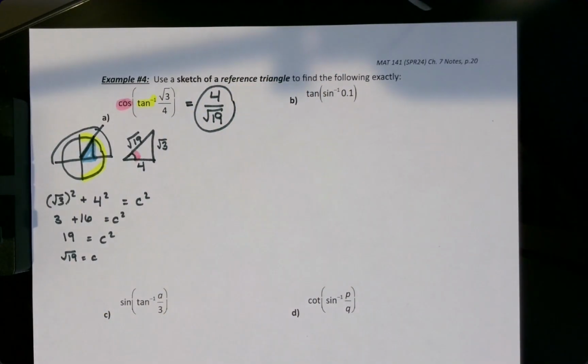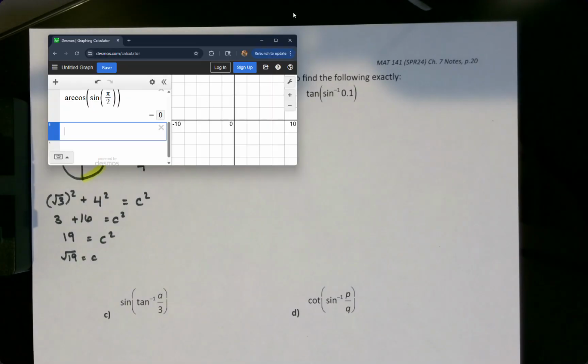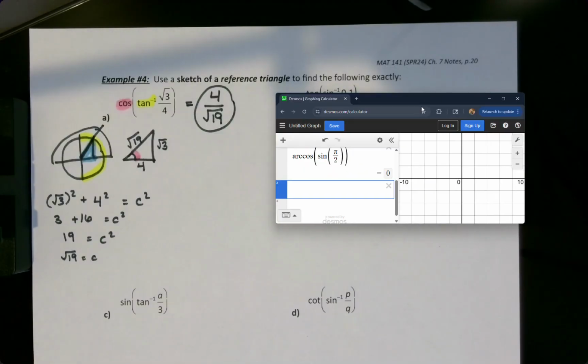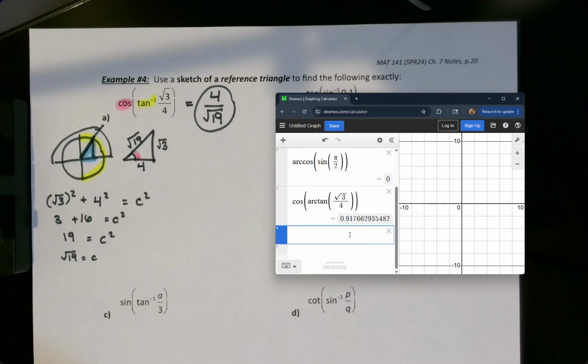I can do this on the calculator, but on the calculator, I can't get the exact value. So if I do this on the calculator, the cosine of the arctan of the square root of 3 over 4 comes out as the decimal equivalent to the fraction 4 over the square root of 19.